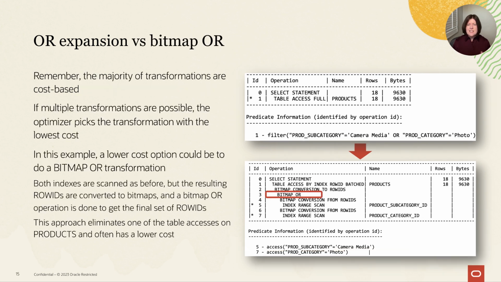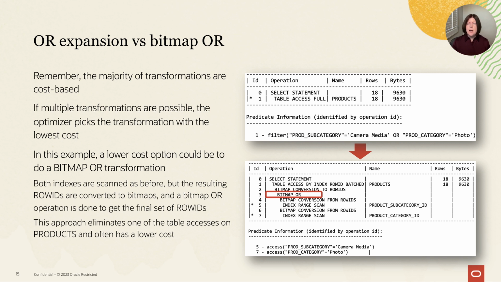Now, this query is also a really good example of situations where you might have multiple transformations possible for an individual SQL statement. In this case, because we've got an OR clause in our SQL statement, we could use OR expansion, as I just showed you, or we might actually be able to take advantage of bitmap OR, another transformation.